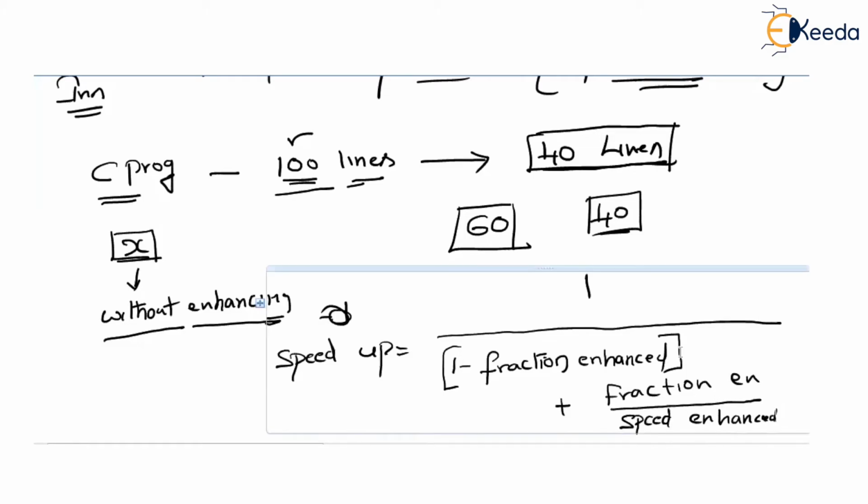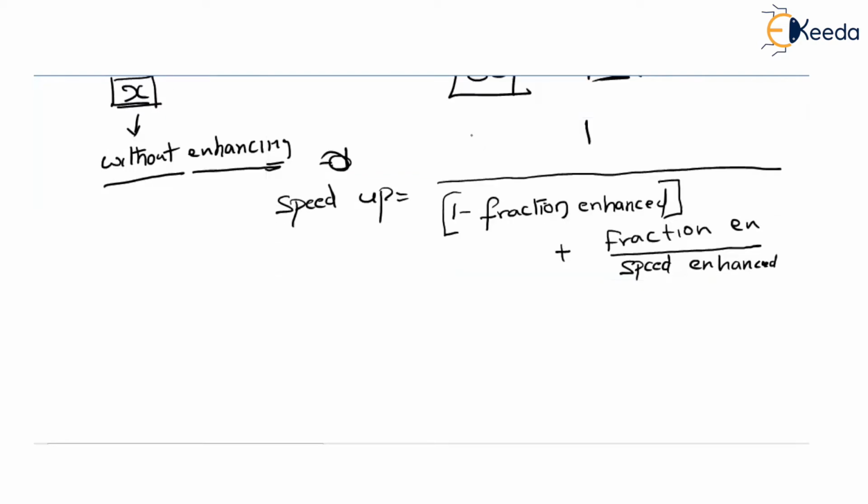Let us understand how it works. What are these parameters and what are these variables? The fraction that can be enhanced is 40%. The fraction that can never be enhanced, that is, where you cannot observe any speed up even after implementing any of the techniques, is called the fraction that can never be enhanced. 40% of the total instructions can execute faster if you implement a few techniques.